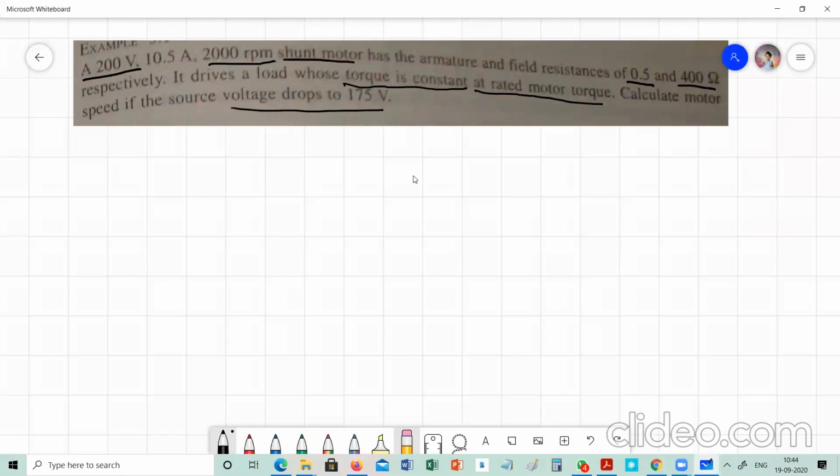For that you first have to note which motor they have given. It is a shunt motor. You have to draw its circuit diagram. First, the circuit diagram of the shunt motor I will draw here.